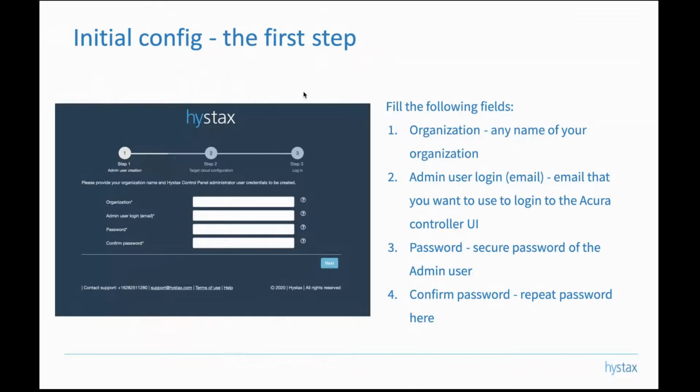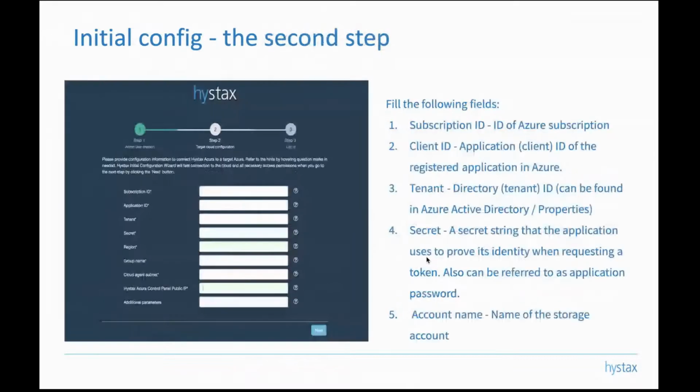So the organization is the name of your organization. Admin user is an email that you want to be used to log into Acura Controller UI. Password is the password for this user. Subscription ID, we've taken directly from the cloud, is the ID of the Azure subscription. Client ID is the application or client ID of the registered application.